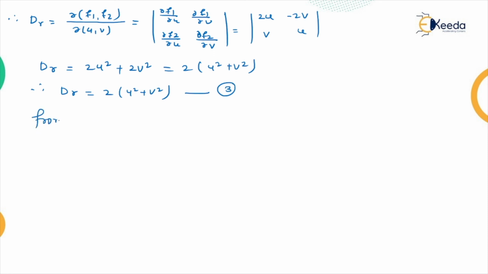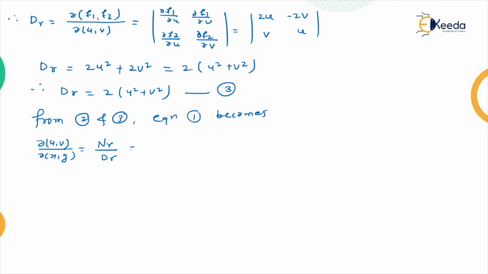So from equations 2 and 3, equation 1 becomes: the Jacobian of u, v with respect to x, y is minus 1 raised to, means here, numerator upon denominator. The numerator is 2 in bracket x square minus y square, and the denominator is 2 in bracket u square plus v square.